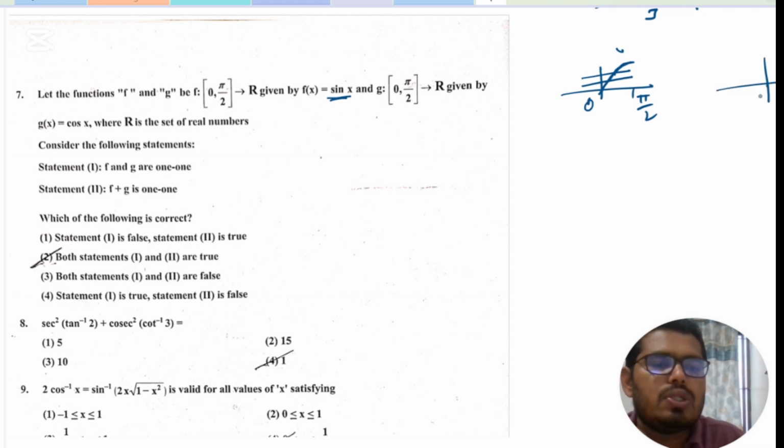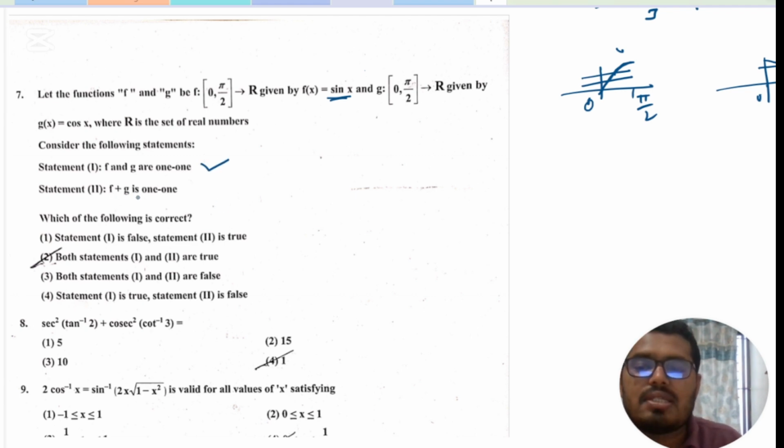Similarly, in 0 to pi by 2 the cos graph is decreasing. Here also, by using the horizontal line test, if you draw any horizontal line, it cuts the curve only one time. That's why it is also 1-1. Therefore, f and g are 1-1. It is a true statement.